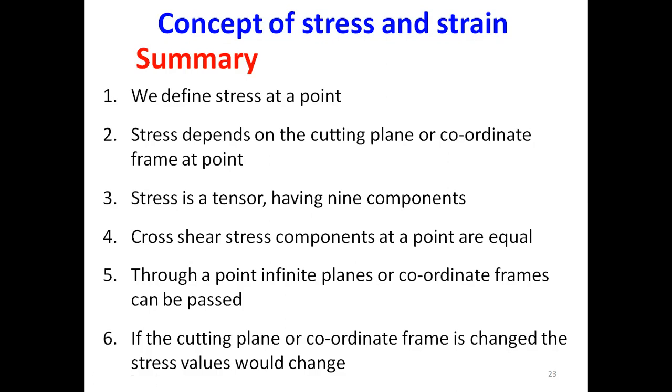In some cases, we would have some non-zero values and the other zero values. Cross shear stress components at a point are equal in magnitude but opposite in direction. Similarly, through a point, infinite planes or coordinate frames can be passed. It means that we would have infinite values of stress at that particular point. All would be correct. If the cutting plane or coordinate frame is changed, the stress values would change.